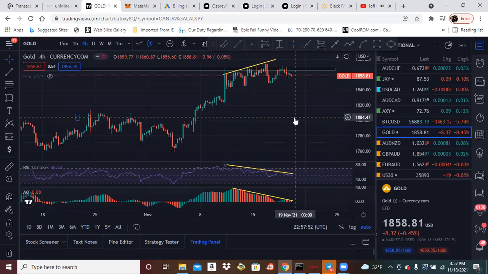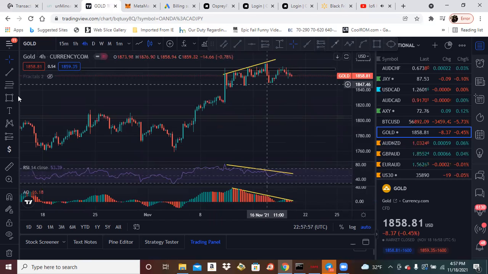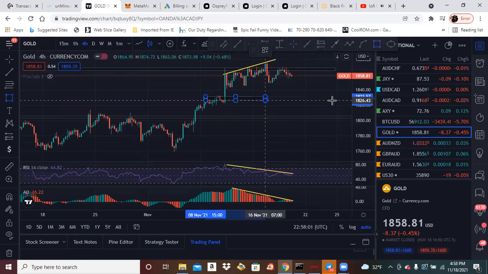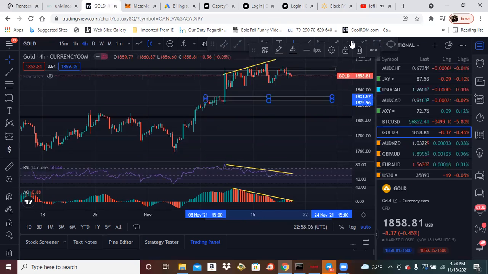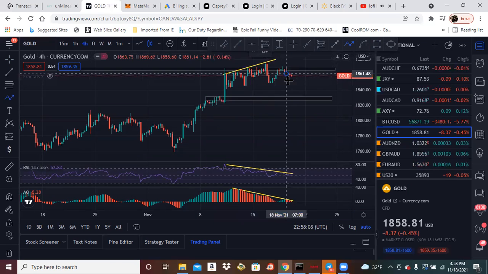When is this gonna happen? Who knows? But we do have H4 divergence, which usually will at least get it to here. So at least we'll see maybe this move might happen.